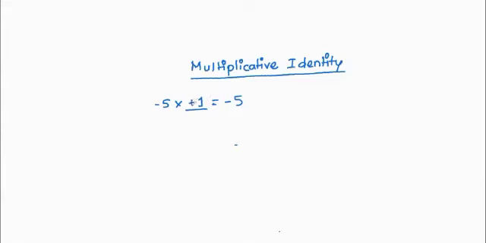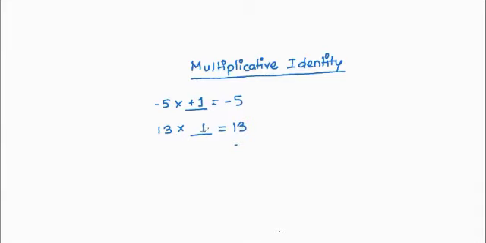Let's take another example. We have 13 multiplied by something should be equal to 13. Now what happens here? The multiplication of the weights of the multipliers should equal the result. So 13 multiplied by something should be equal to 13, and so 13 multiplied by 1 is 13.